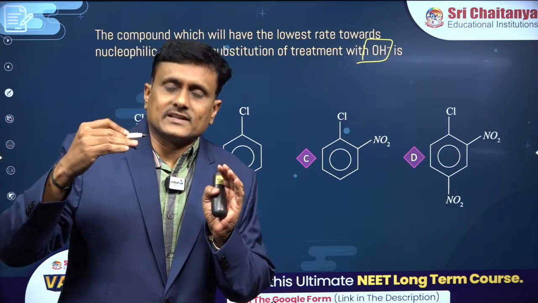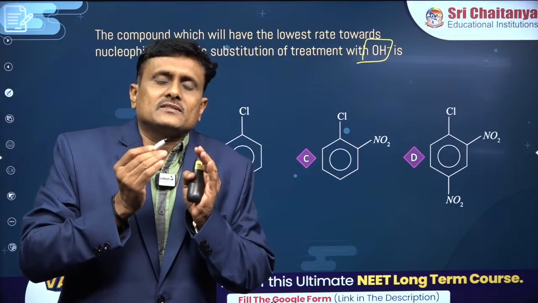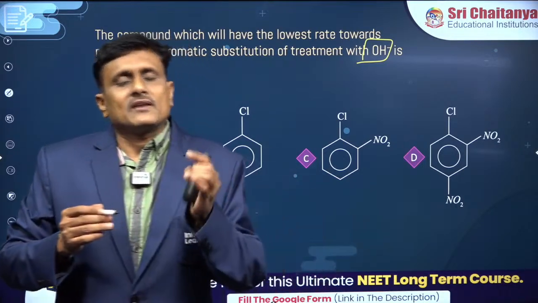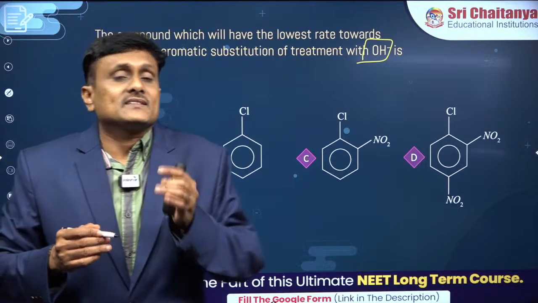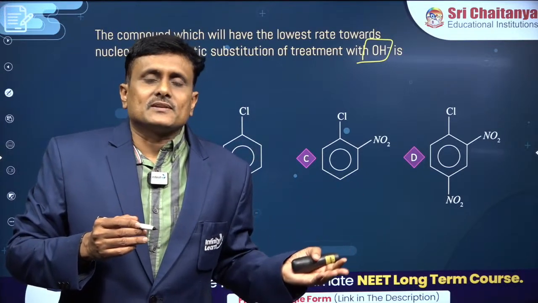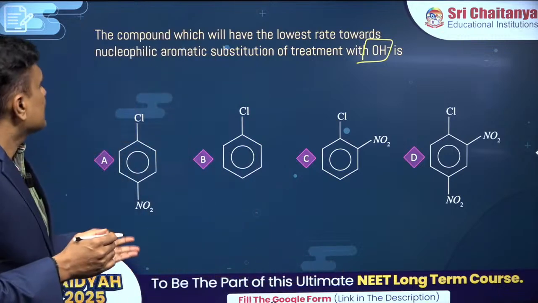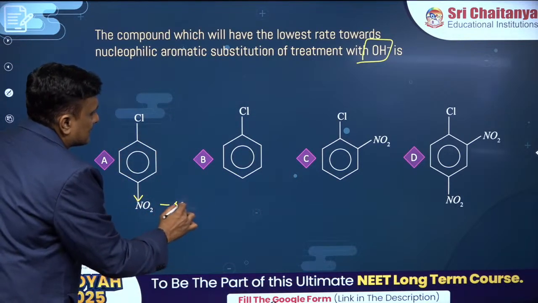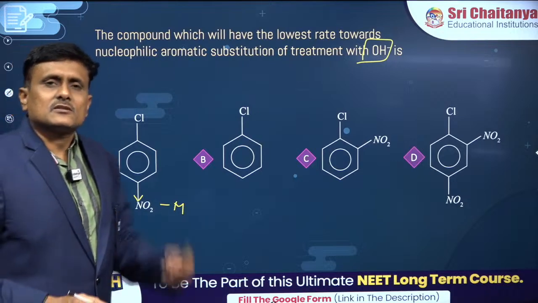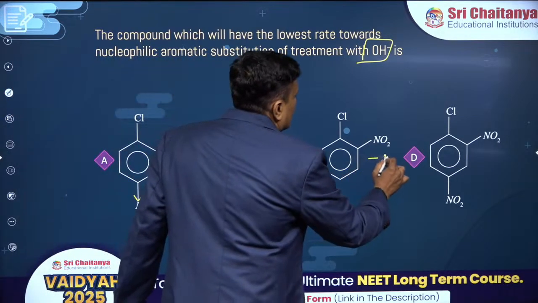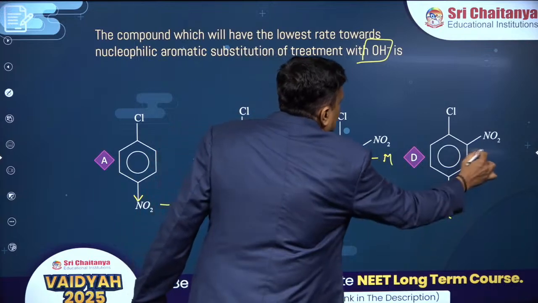The nucleophile is coming with the negative charge, so the aryl halide part under observation should have less electrons on it. Yes, Jignesh bhai, that's a brilliant answer. If there are NO2 groups, they show a minus M effect, which will reduce the electron density on the benzene. More the NO2, more is the reactivity at ortho-para.